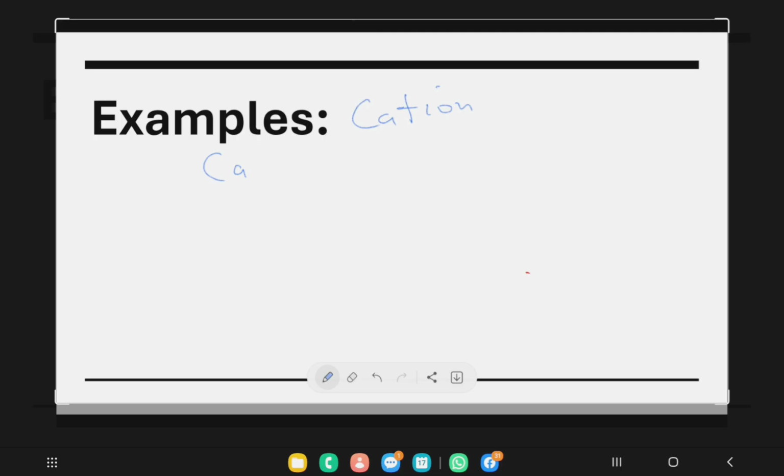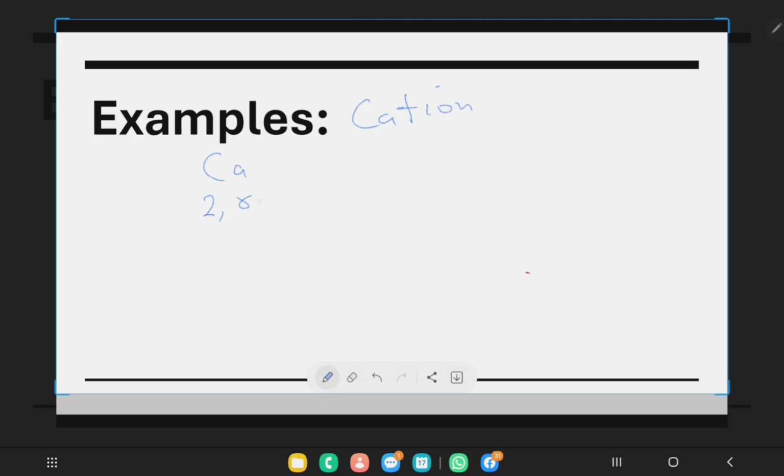The mass number is also 40 point something, but let's take 40, which means that it also has 20 neutrons. Now, the electrons will be 2, 8, 8, 2. This is the atomic structure of calcium atom.